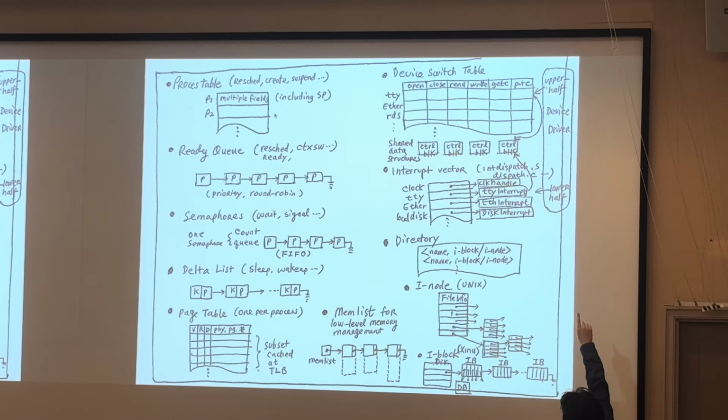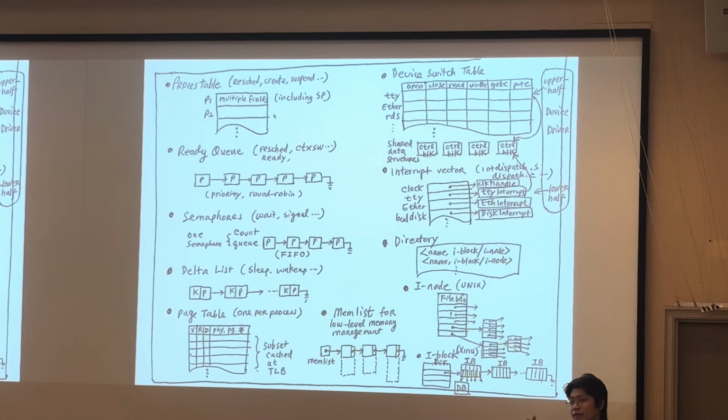We also learned device drivers, upper half and lower half. The device driver is split into these two parts because part of the device driver is responsible for handling interrupts, the interrupt handlers, and part of the device driver is responsible for handling user requests.